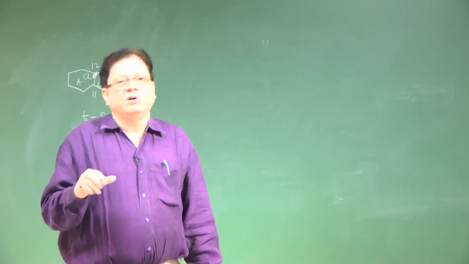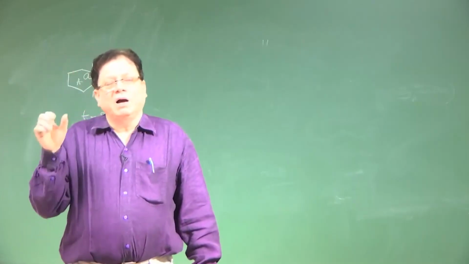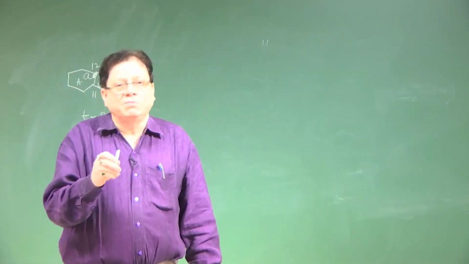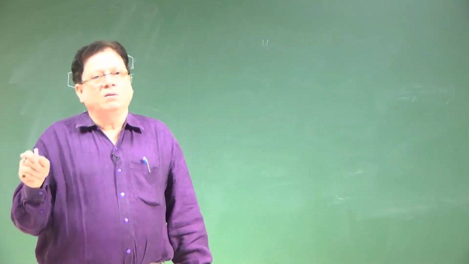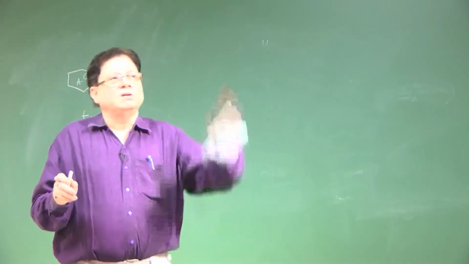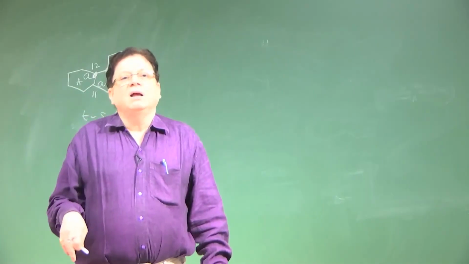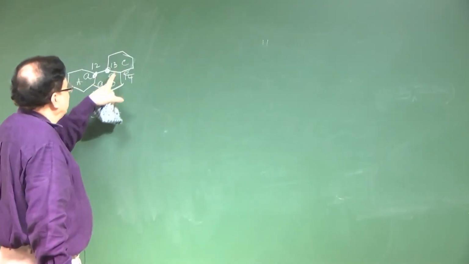They cannot be diequatorial. Why? Because if the hydrogens occupy diequatorial relationship, then the diaxial relationship should be occupied by the ring bonds, and then you cannot connect the ring bonds, because one is going up, another is going down, and there is no possibility of connecting these two ends by only 2 carbons that were remaining at that time. So, basically now you see that there is a problem.